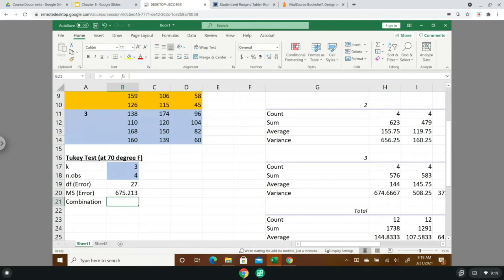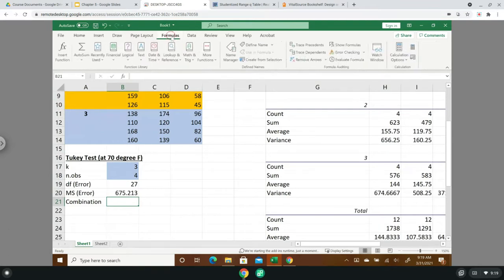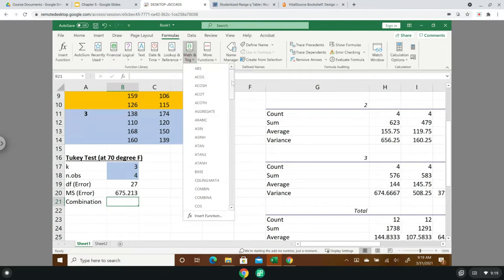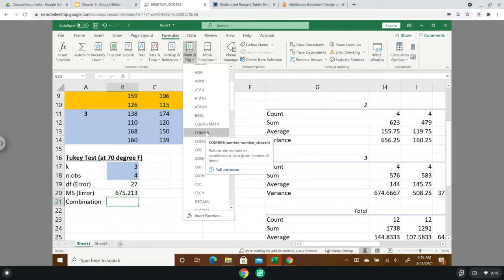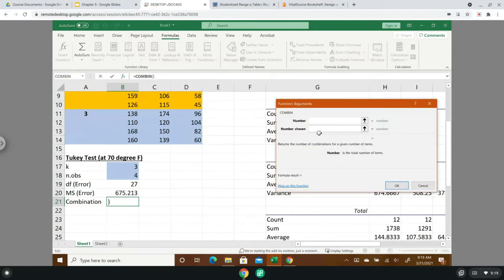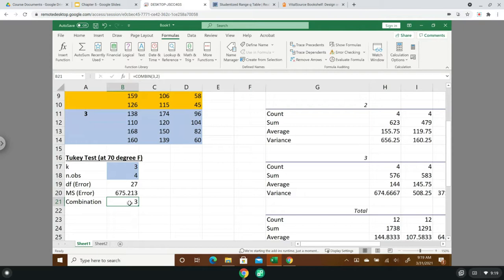If I go to formulas and select the math and trigonometry group here, there is a function called combine, which returns the number of combinations for a given number of items. So that will tell us how many individual comparisons we need to make. We have three different material types, and we are comparing two at a time. So that means we have a total of three comparisons.